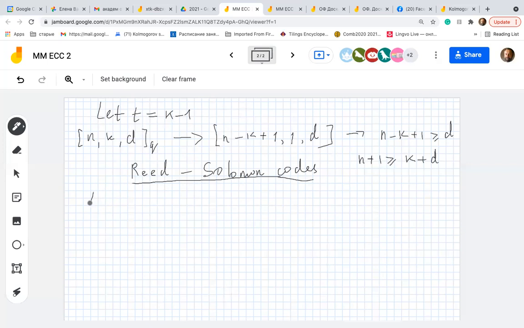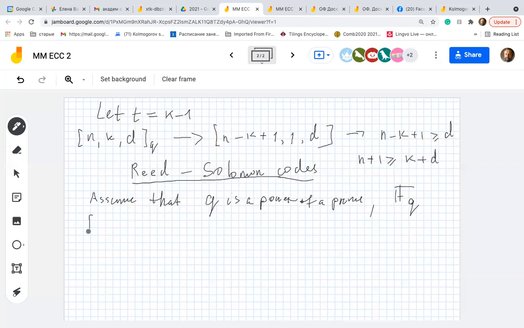So assume that Q is a power of a prime. We'll consider the field of Q elements denoted by F_Q.